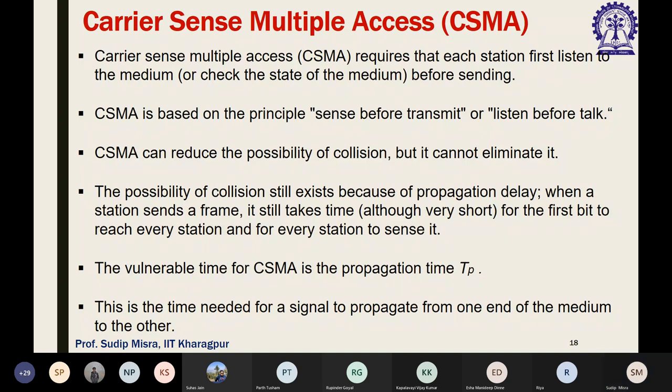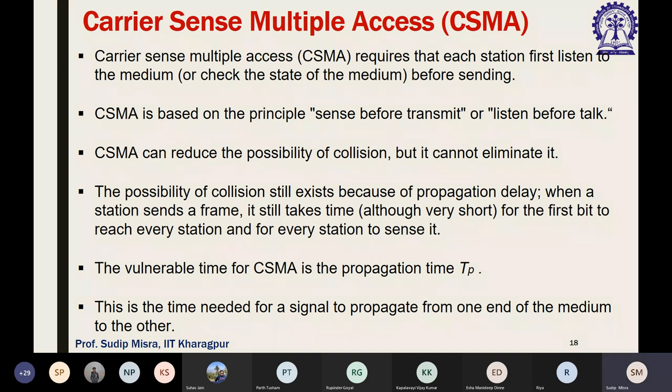CSMA has the ability to further reduce the possibility of collision compared to slotted Aloha or pure Aloha, but it still cannot eliminate it, and we will see why. In CSMA, the vulnerable time for this protocol is basically just the propagation time, which is TP, which we will talk about later.